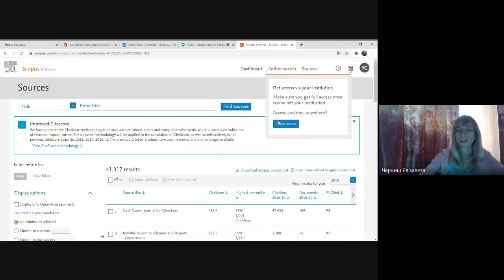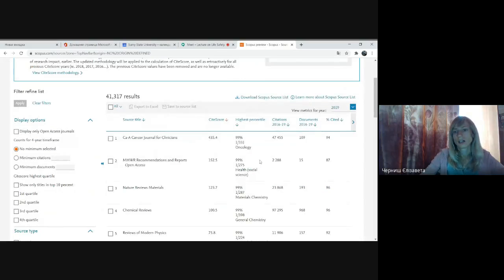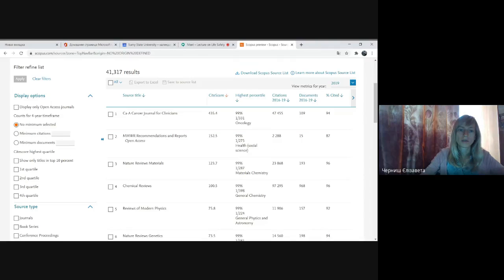You see different specificities of documents, statistical data, and level of citation, so it can be useful for analysis.